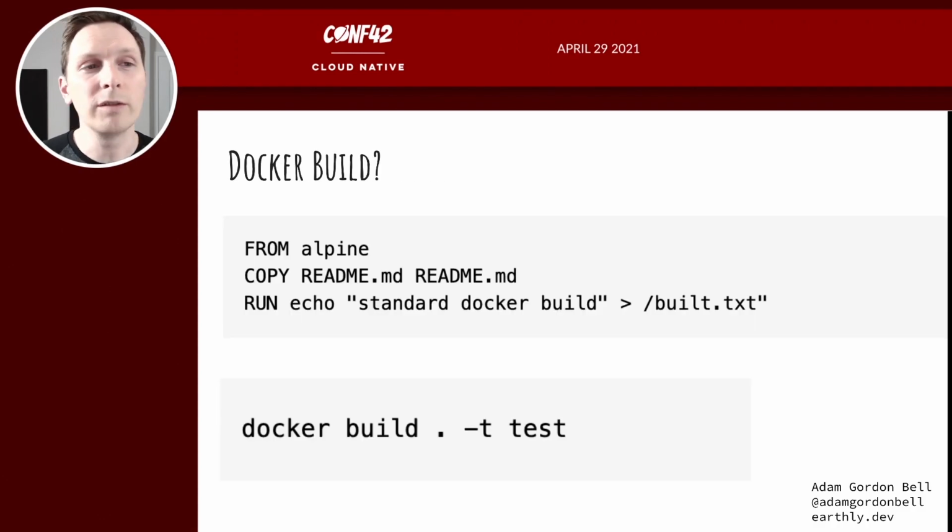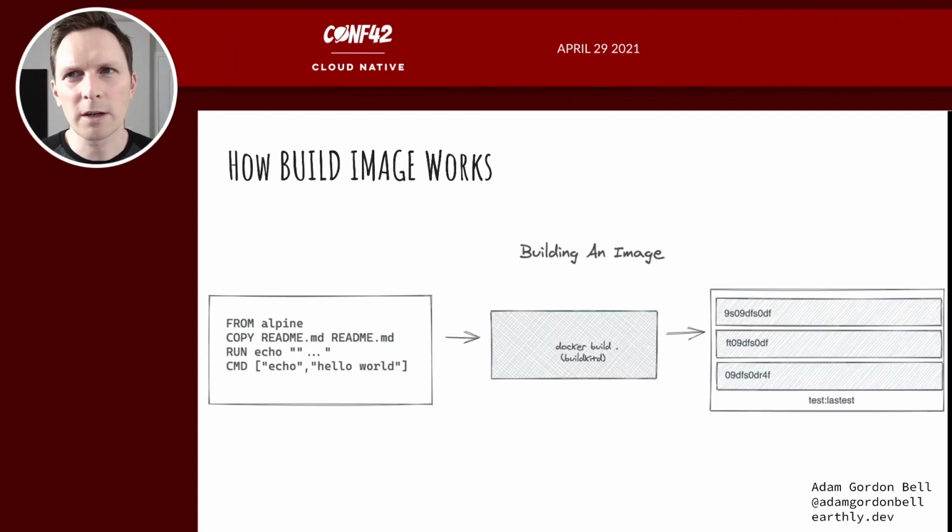So the Docker equivalent of this simple hello world program is something like this. We have FROM alpine, we're going to copy in a README file, and then we're going to echo some results to a file called build.txt. To compile that, we use docker build. So we run docker build with a dot, which is our present working directory, and then pass -t to tag it test. Creating an image from a Dockerfile works sort of the same way as our hello world example.